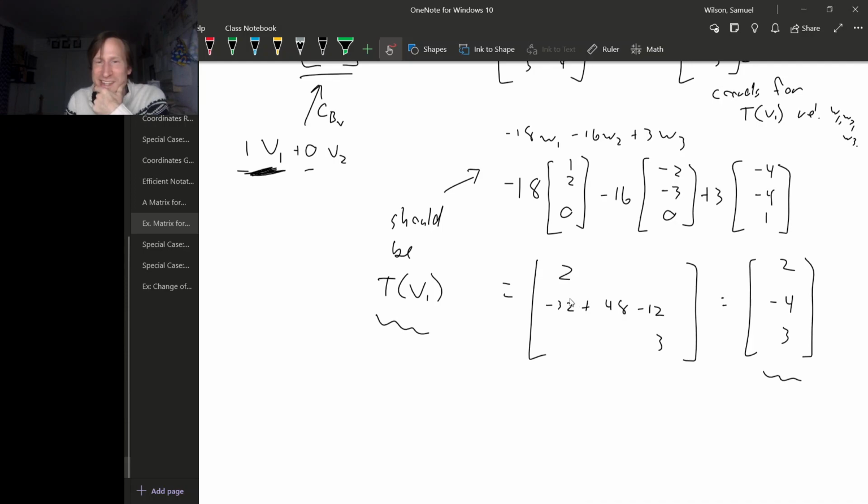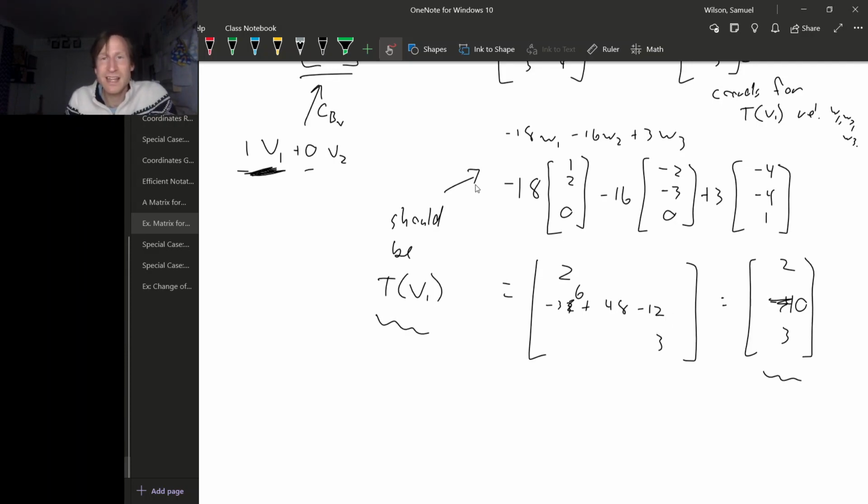Oh yes, actually, minus 18 times 2 is minus 36. I made 2 arithmetic mistakes. This should have been plus 4, but now that this is 4 smaller, so this comes out to 0. So 2, 0, 3, which is what it should have been.